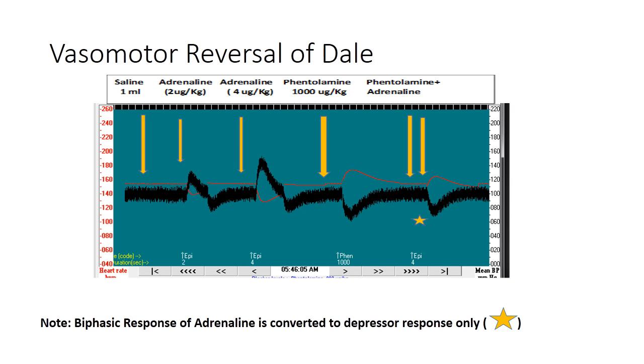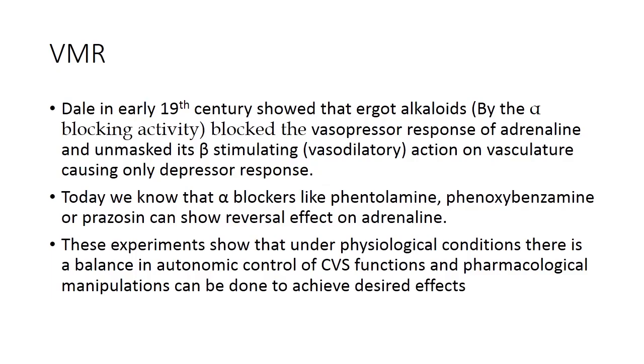However, more important, as is seen with the asterisk, the adrenaline response is converted from a biphasic response to a depressor response. This conversion of biphasic or pressor response into depressor response is called vasomotor reversal of Dale, as described by Sir Henry Hallett Dale in 1915.